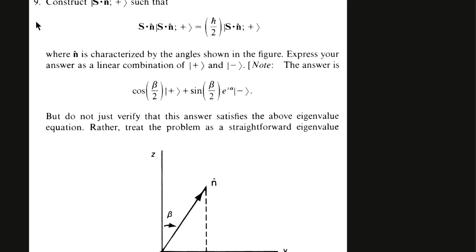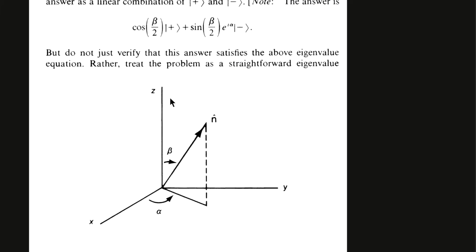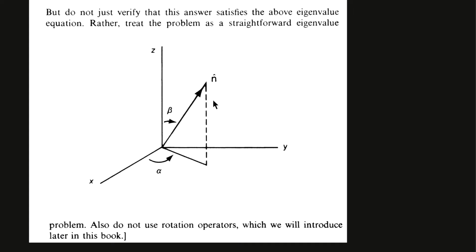Now we will solve question 9, which is an interesting problem. Here it is asked, construct an eigenket of S dot n cap, such that this ket is an eigenket of this operator S dot n cap. Now let us solve this, where n cap is a unit vector in this direction.